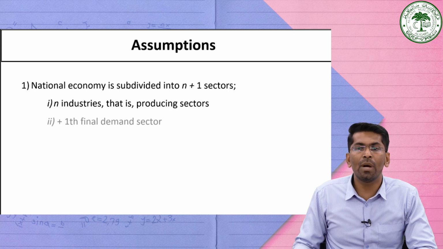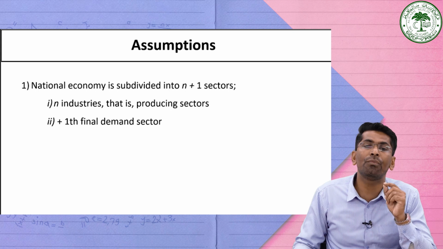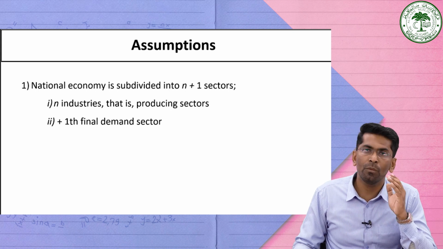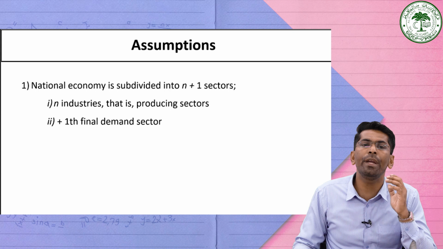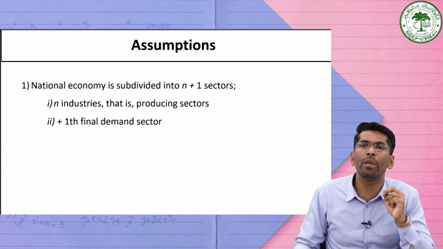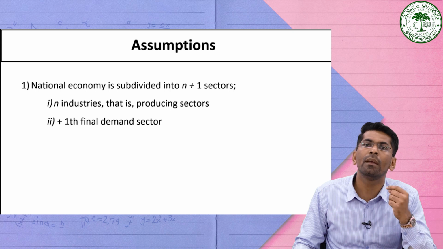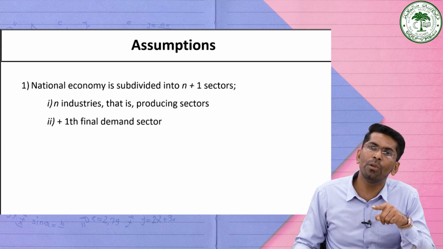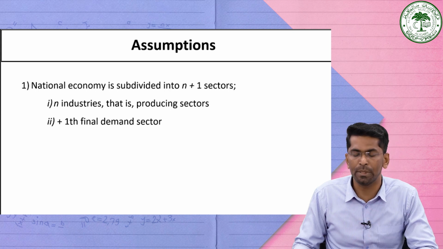And the plus 1 is nothing but the final demand sector. We divide the national economy into two main parts. The output of one commodity will be used as an input for itself and maybe other commodities, and also for final consumption purposes.